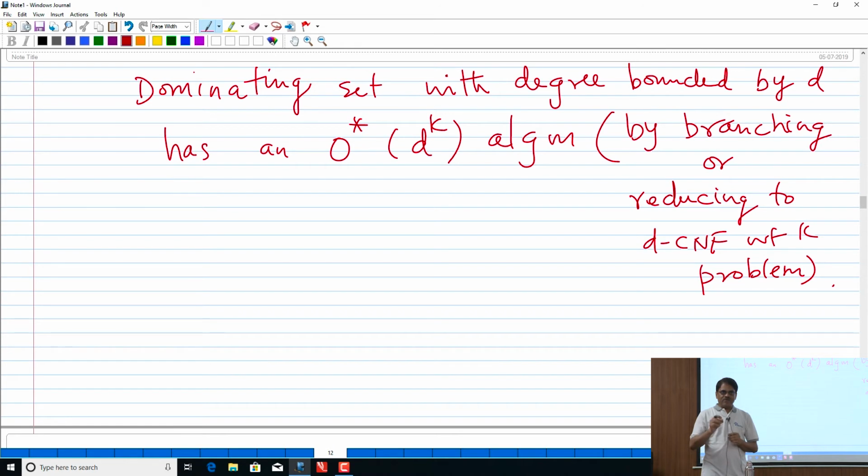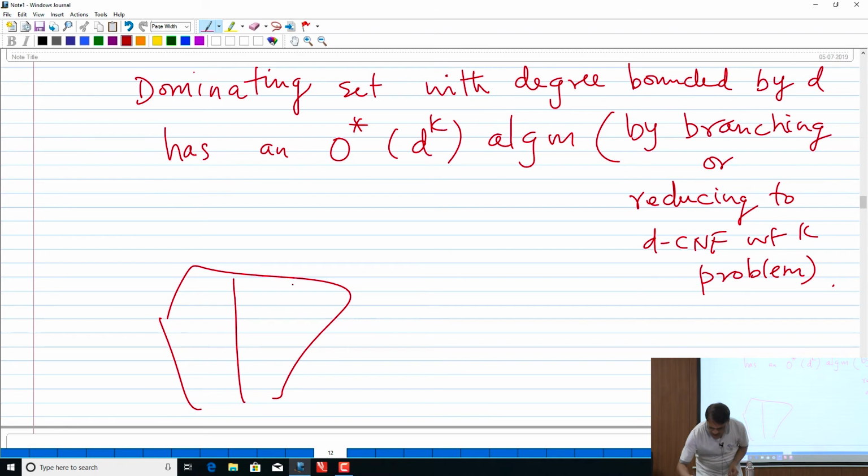But one difference between dominating set and vertex cover is the following. In vertex cover, suppose I decide to include a vertex into the solution, you can delete that vertex and work on the remaining graph. Can I do it here? No. Why not? Suppose I have this graph and say I decide I am going to include this vertex in the solution because maybe it is forced, it is a neighbor of a degree 1 vertex, so I am going to force it and include it.